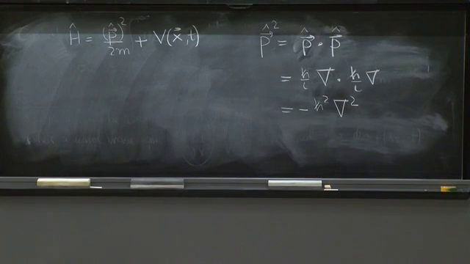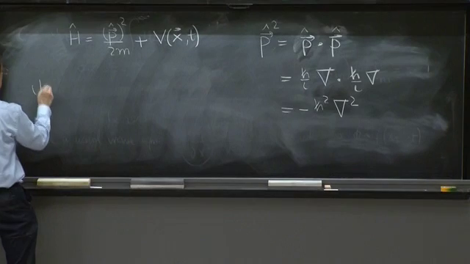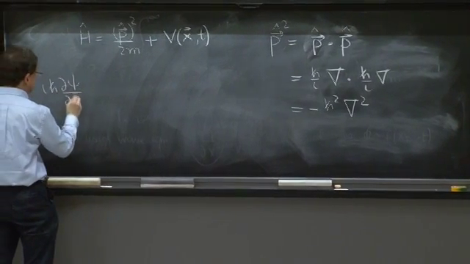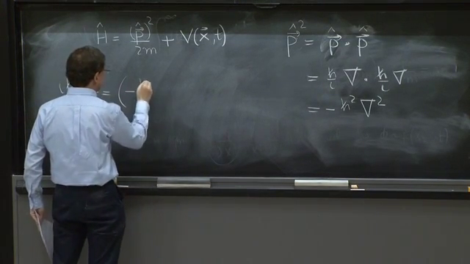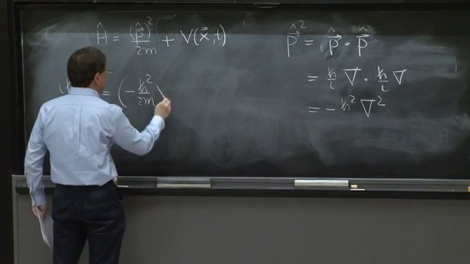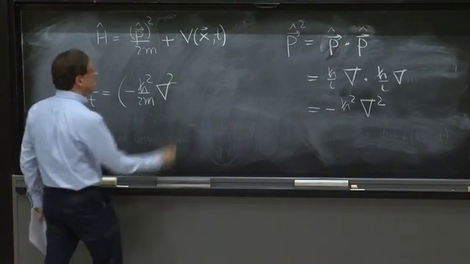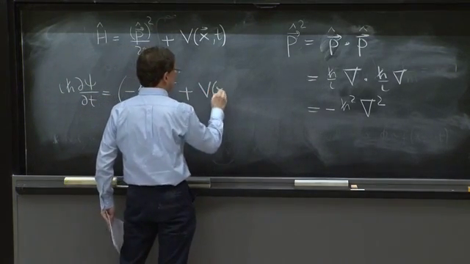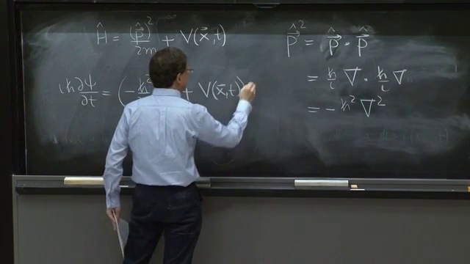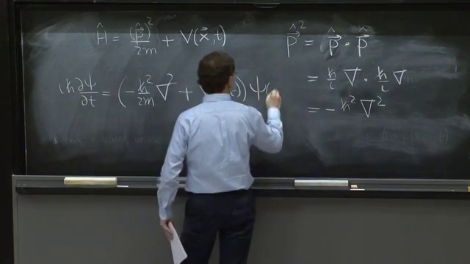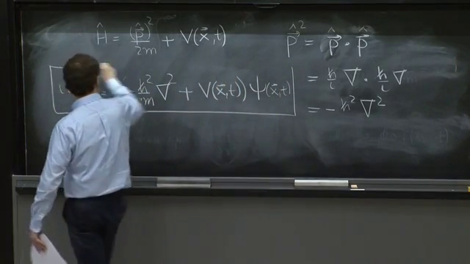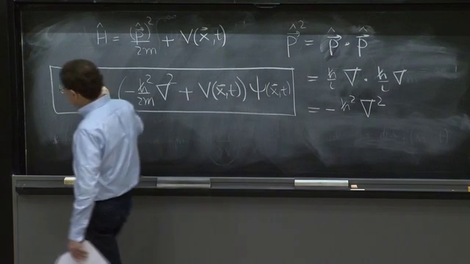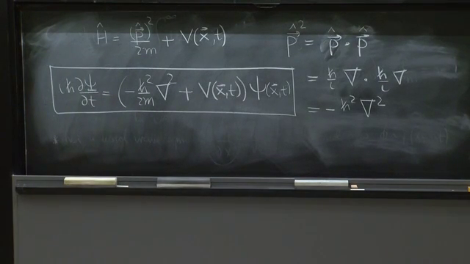So your Schrodinger equation will be i h bar d psi dt is equal to the whole Hamiltonian, which will be minus h bar squared over 2m Laplacian, plus V of x and t multiplying psi of x vector and t. And this is the full three-dimensional Schrodinger equation.